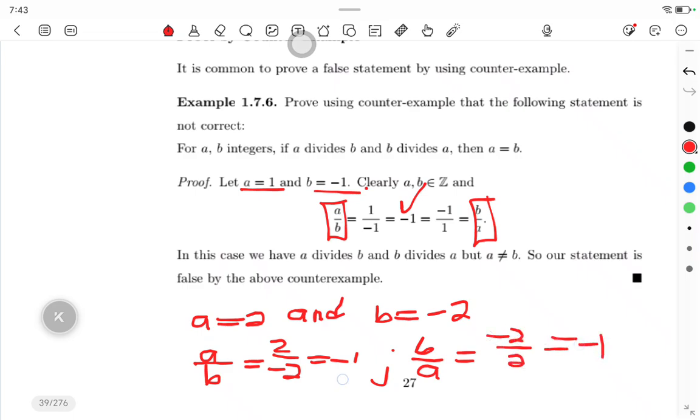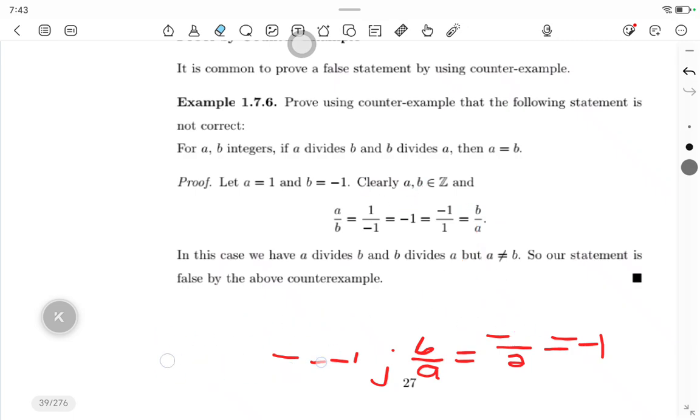Even though these do not leave a remainder, they do divide, but a and b are not equal. So at the end you say a is not equal to b, hence our statement is false by counterexample. Then you write something like that.